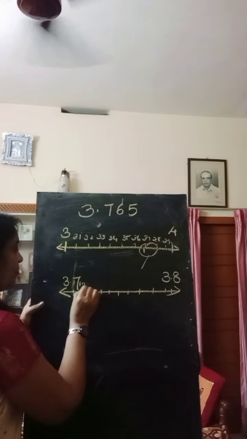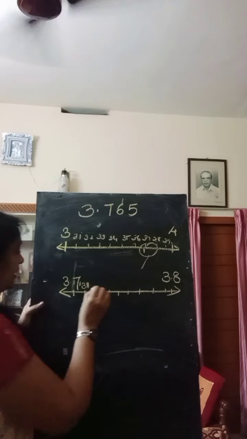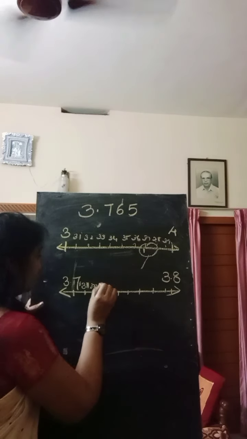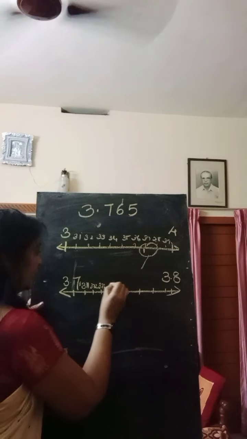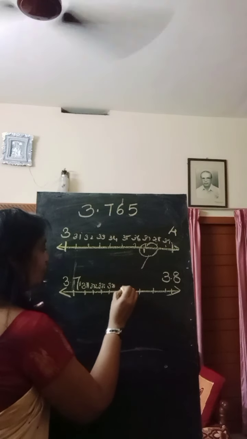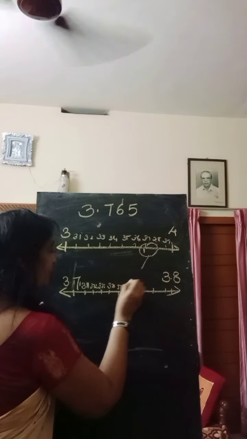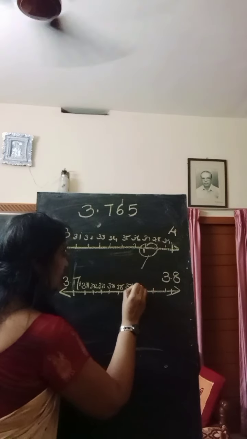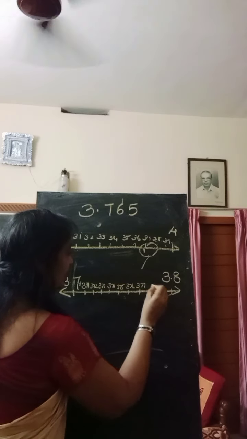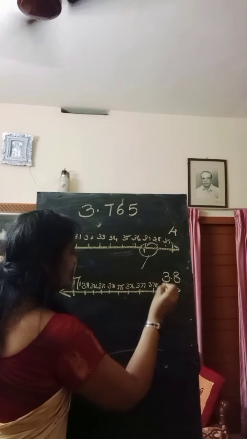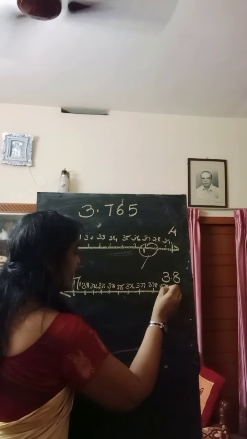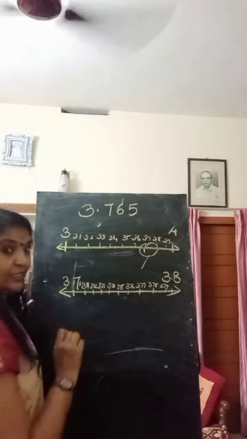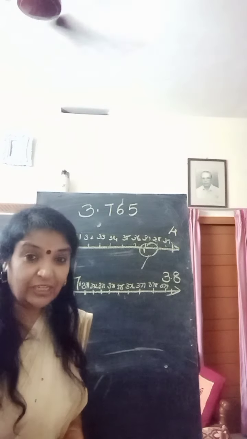So this is 3.71, 3.72, 3.73, 3.74, 3.75, 3.76, 3.77, 3.78, 3.79, then 3.8. This is the second expansion.